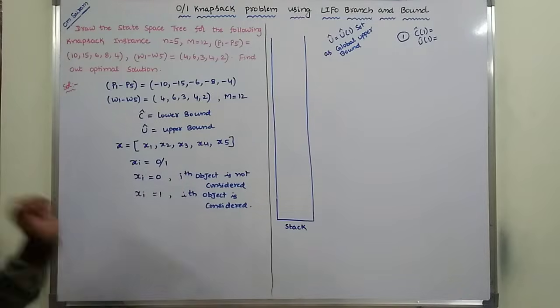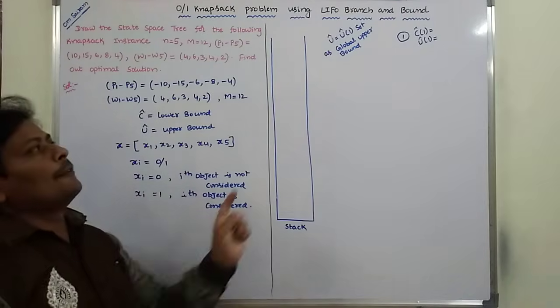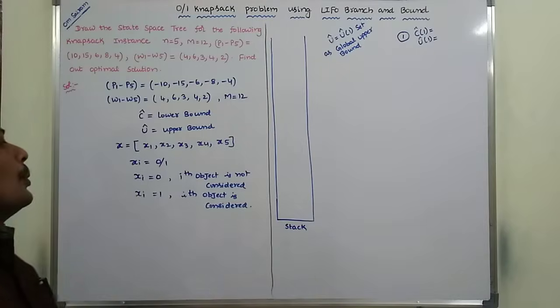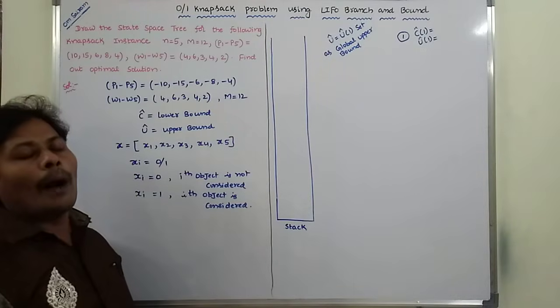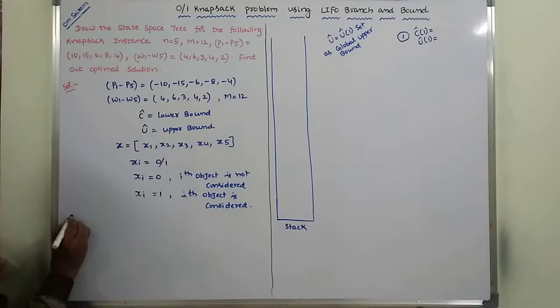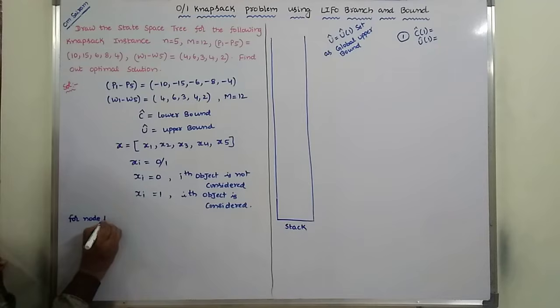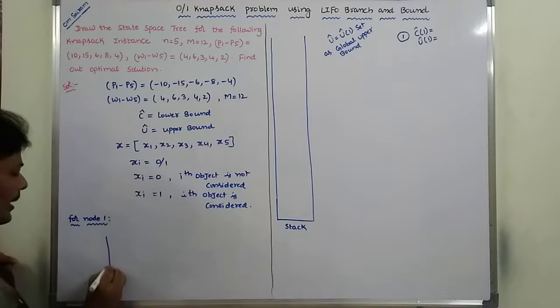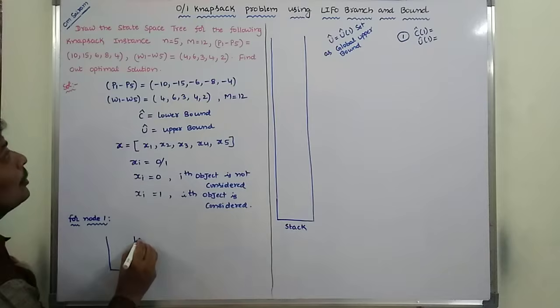Now, first for the root node, node 1, we have to calculate the upper bound and lower bound. First we calculate the lower bound, that is the C cap value.